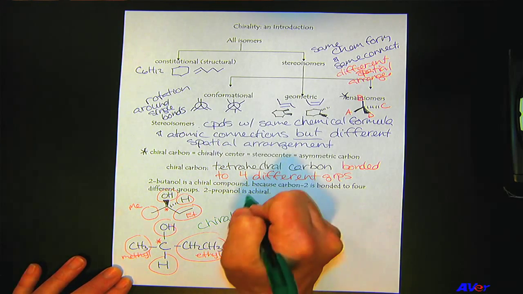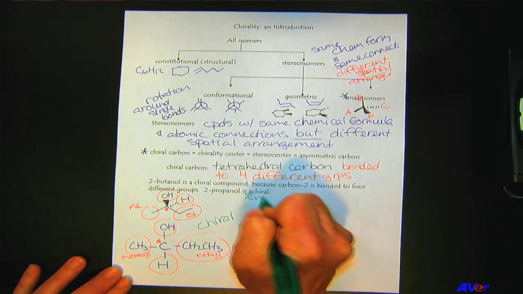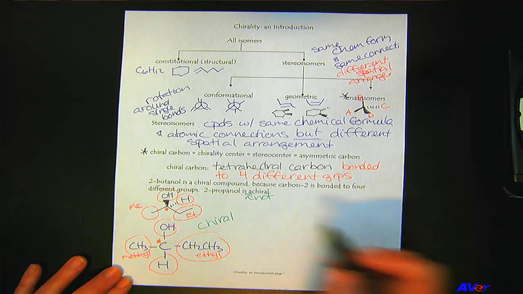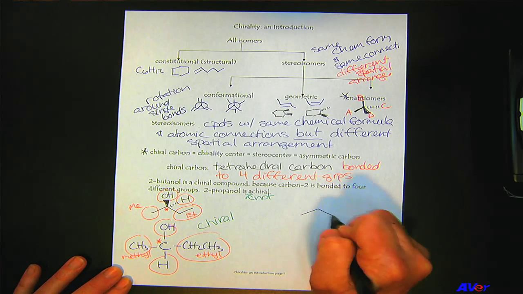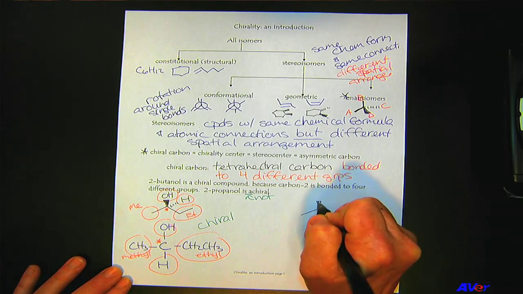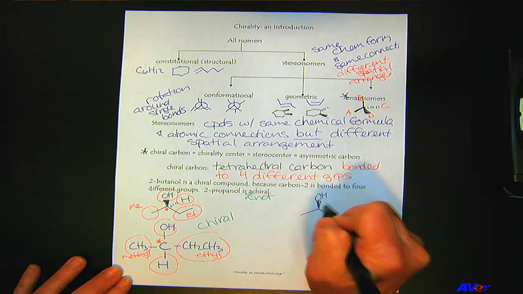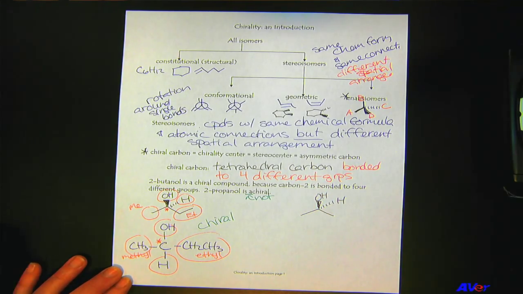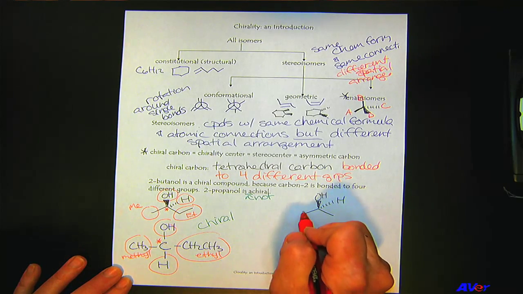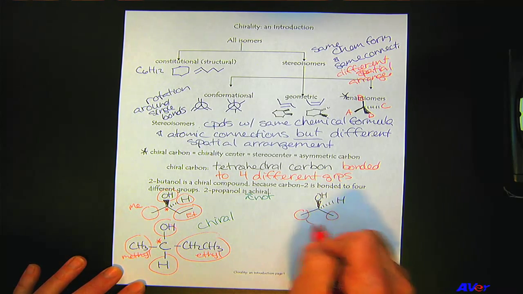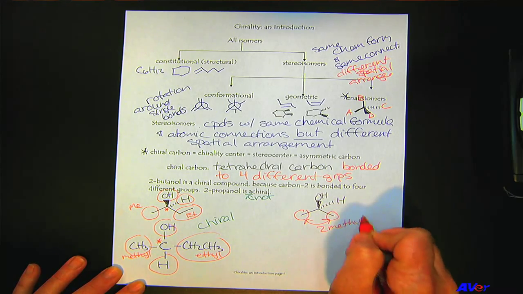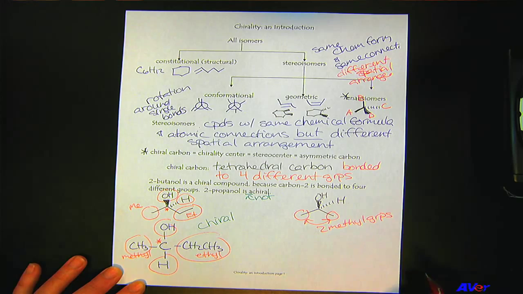Now achiral, right? Remember when we have A, that means not chiral. So let's compare this with 2-propanol, right? So if we have 2-propanol here, we see that this is not going to be chiral because these are 2 methyl groups, right? So they're the same.